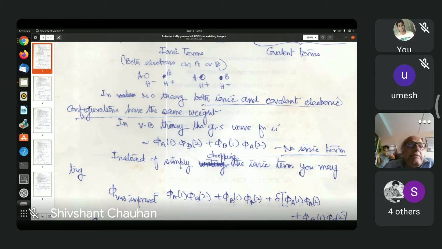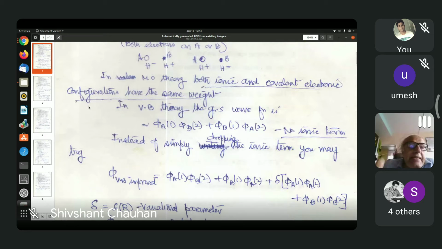So you see, in the valence bond wave function there are no ionic terms, so what we can do is try to improve the valence bond wave function, taking into account that in the quantum mechanical system, the electrons may be close sometimes. We do not know how close they are, so let us put the ionic terms together and add them to the covalent terms with a variational parameter, which we call delta.